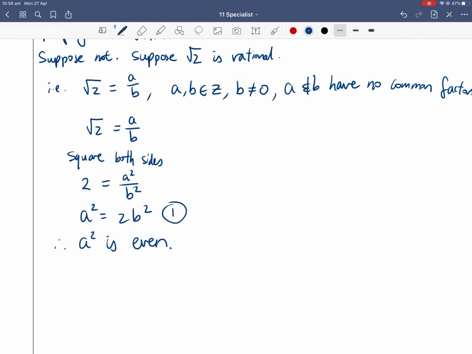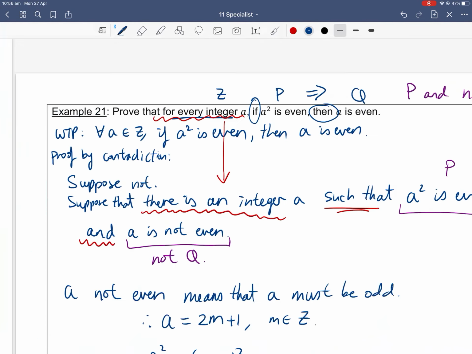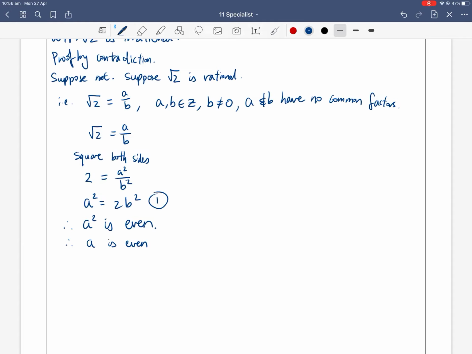Well, we saw from a previous proof that for every integer a, if a squared is even, then a is even, right? So here a is an integer, that was in our assumption. a squared is even, so therefore a is even, because we proved that in the previous example.